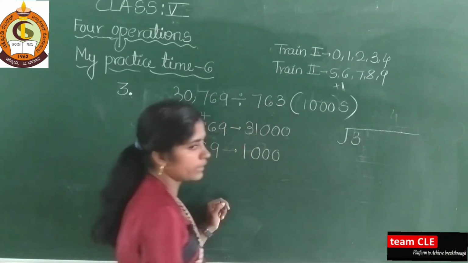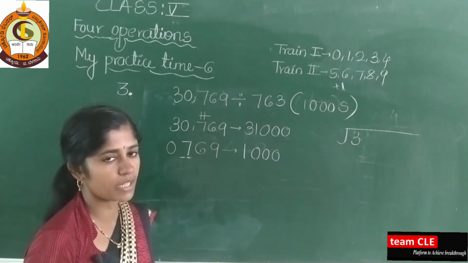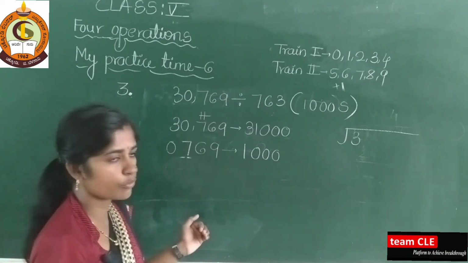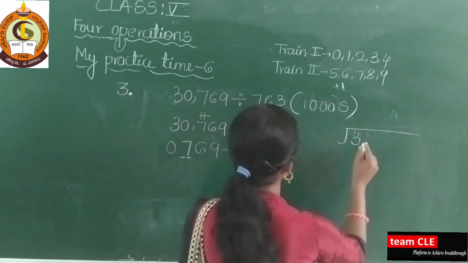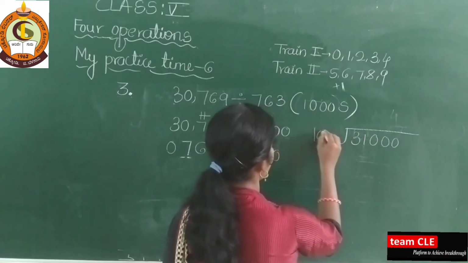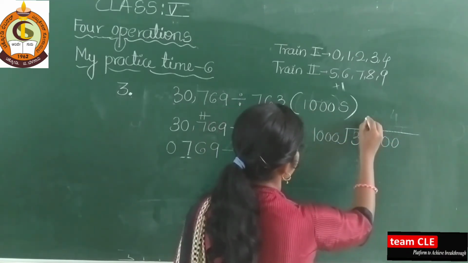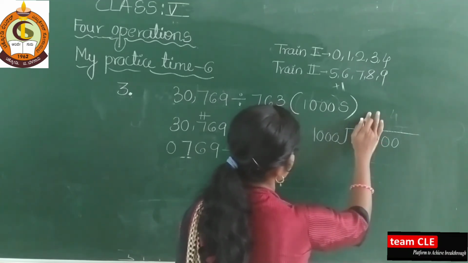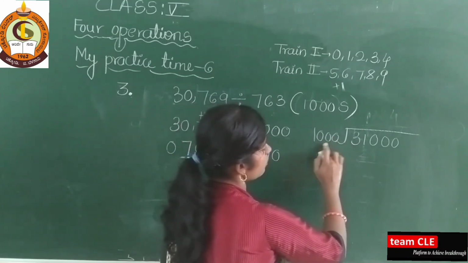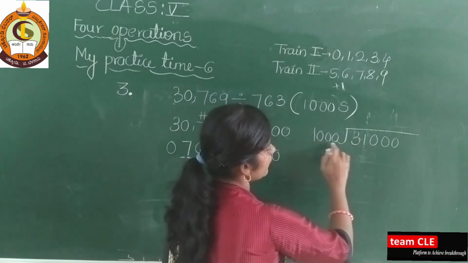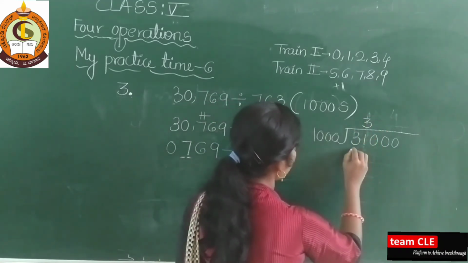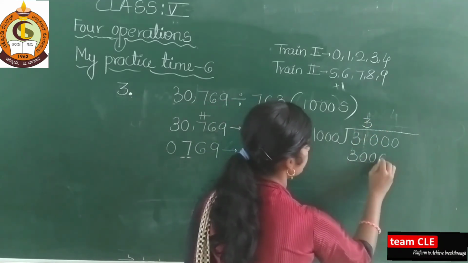See here, if you know the 10 ones table, then the 1000 ones table is also very easy, because 1000 ones are 1000, 2000, 3000, 4000. So that type of table will come here. 31,000 divided by 1000. Here 3 is smaller than 1000, 31, 310, so directly I will take 4 digits. 1000 threes are 3000.